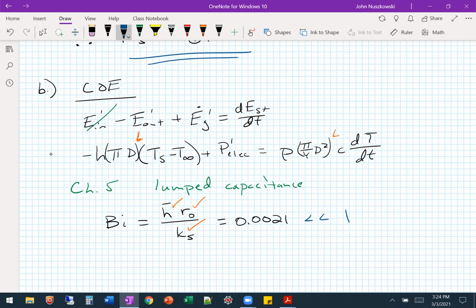Lump capacitance is where we're just assuming this temperature right here is the same temperature throughout, right? That means this can be related to this, being the same temperature.